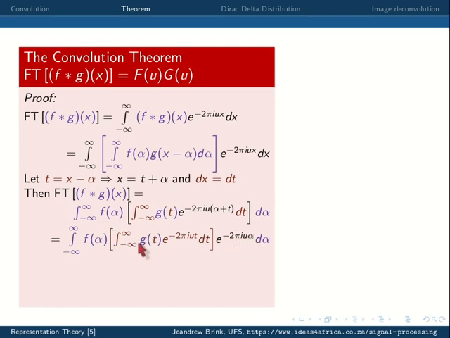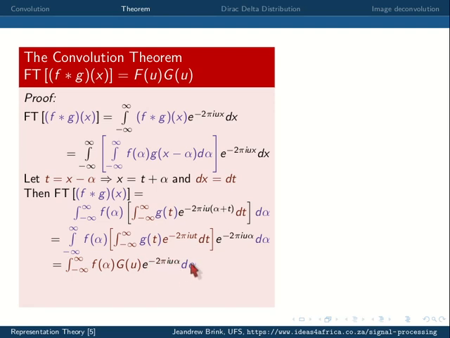And what we now have is basically our definition of what the Fourier transform of g is, and we label it as such. Okay, so everything in the bracket became the Fourier transform of g, and we're now left with this expression. We have the integral of f of alpha g hat of u e to the minus 2 pi i u alpha.